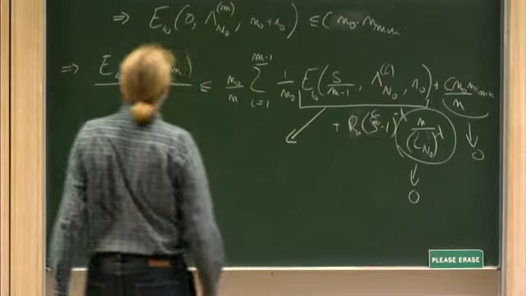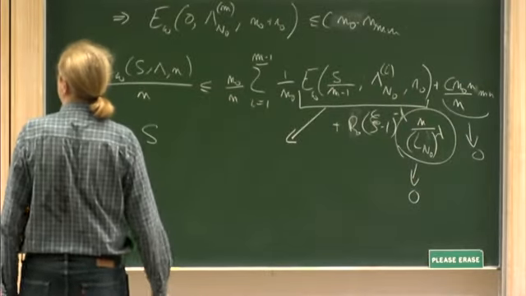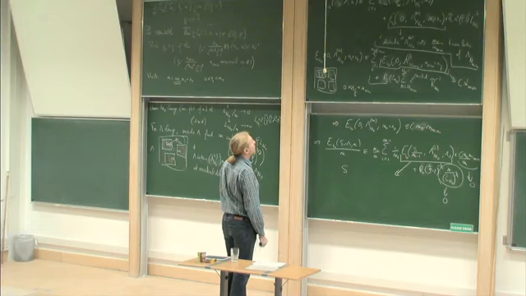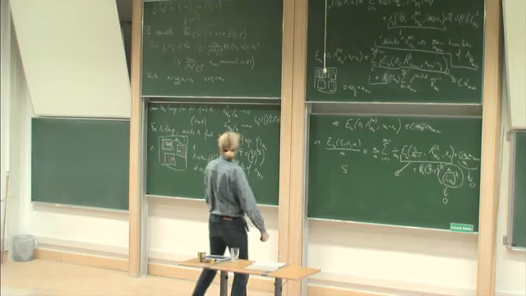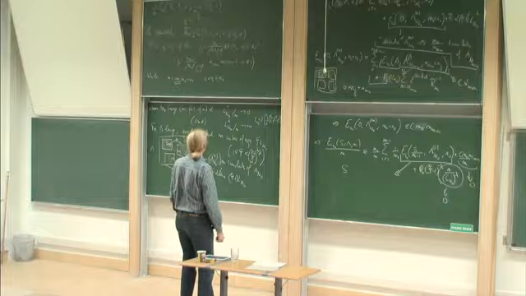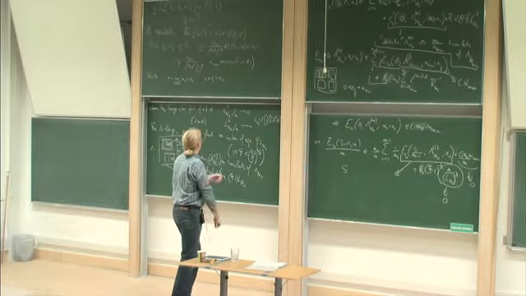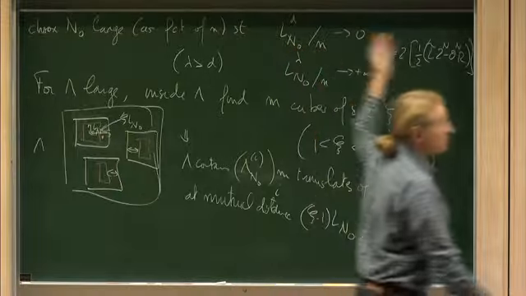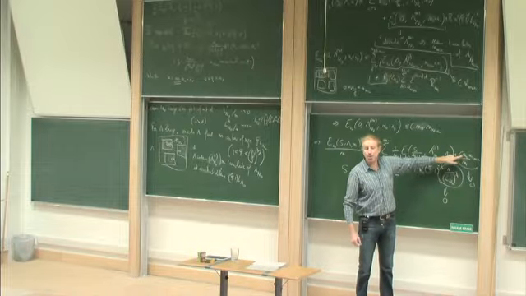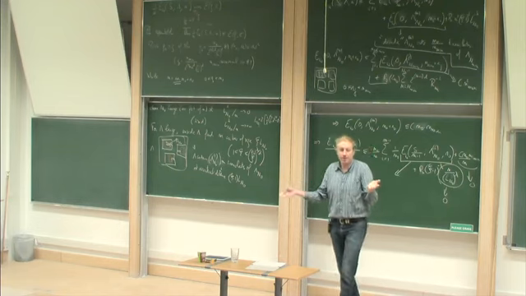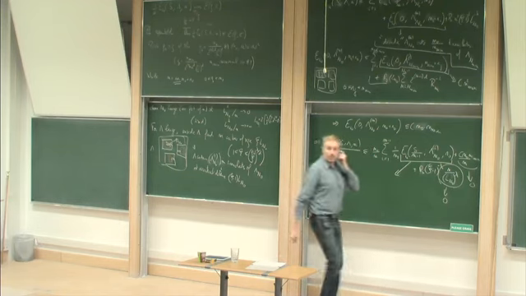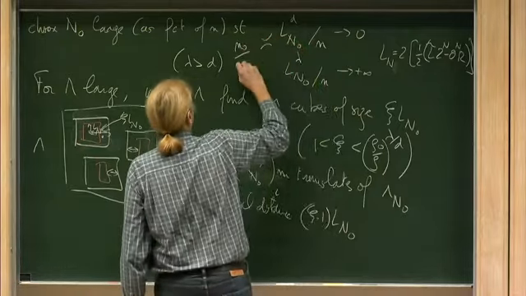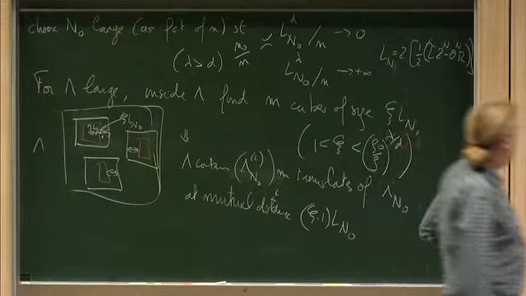Because n0 is proportional to L n0, since I have a density of particles. So this is why this goes to 0. I could have written it as n0 divided by n.